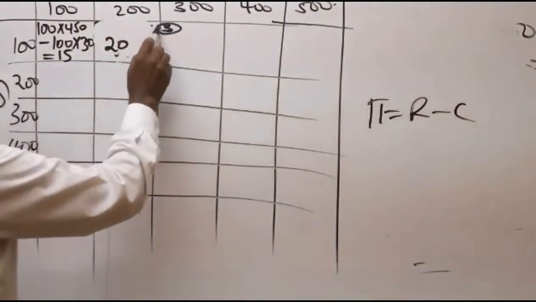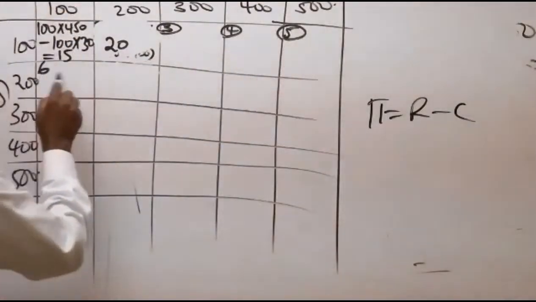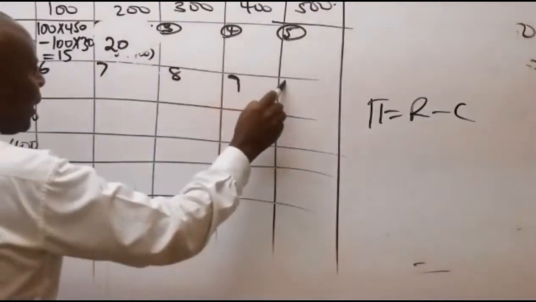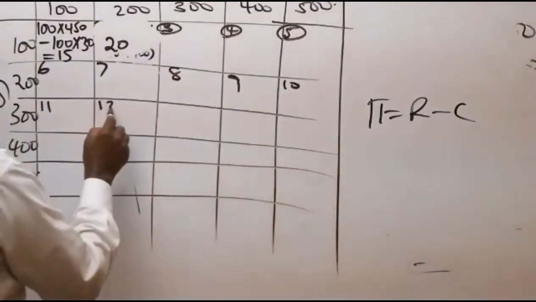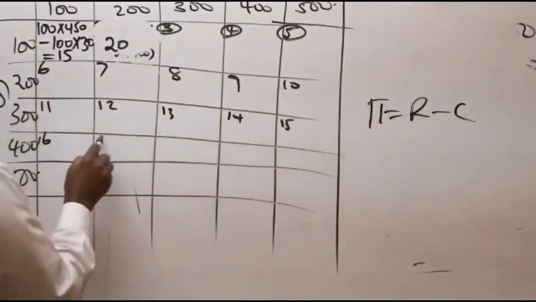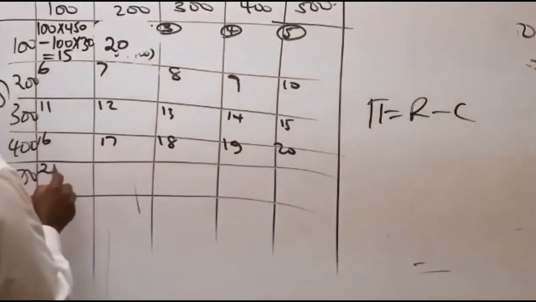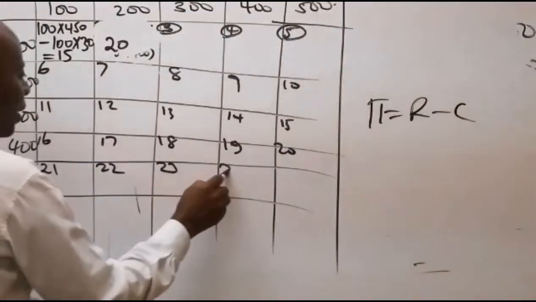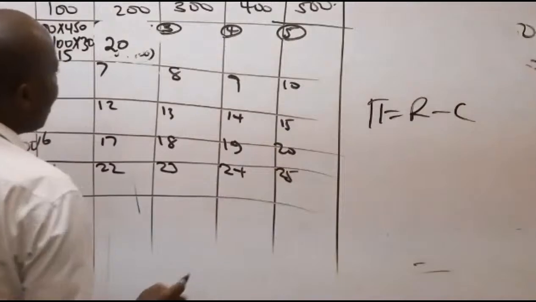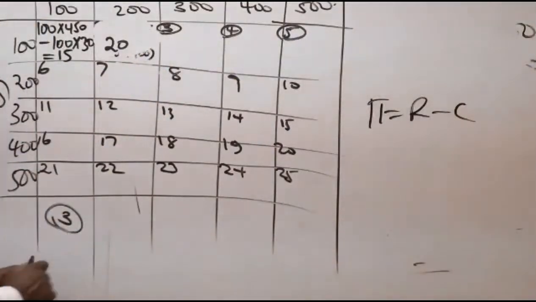So then we have cell number 3, cell number 4, cell number 5, and so on up to cell 25. So could we kindly go to cell number 3? Can somebody talk to me about cell number 3, what is happening here?